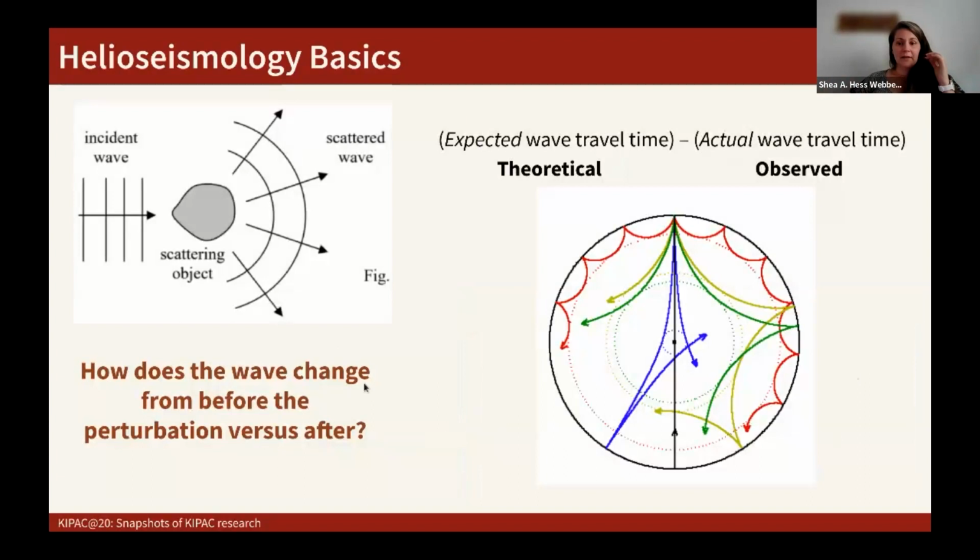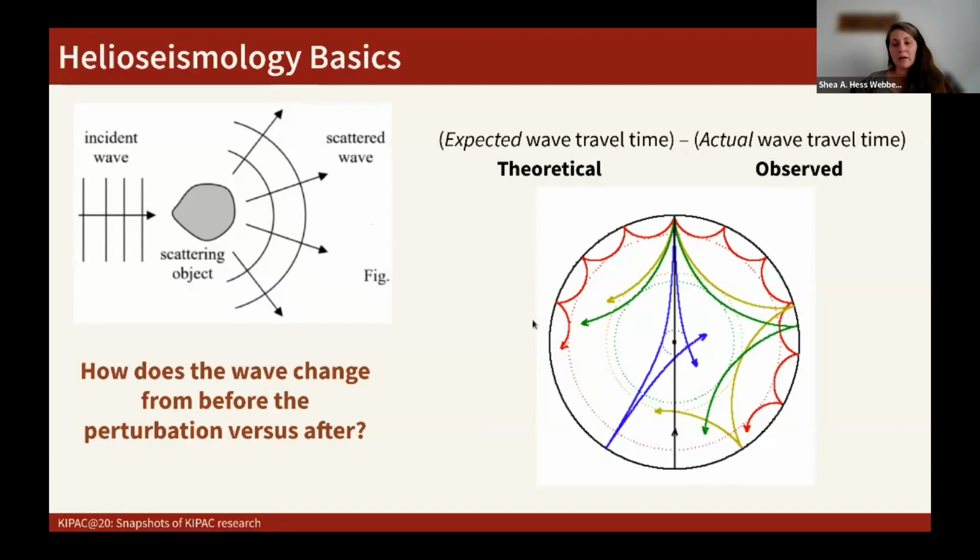My slides are having trouble loading. Okay, so again, this is what I was just saying. It's basically perturbation theory. You look at waves moving through some sort of object that's going to perturb them, and you look at what the expected wave travel time in theory should have been if that object wasn't there, and you look at the difference between that and what the actual observed wave travel time was.